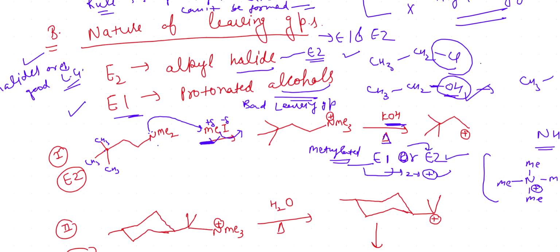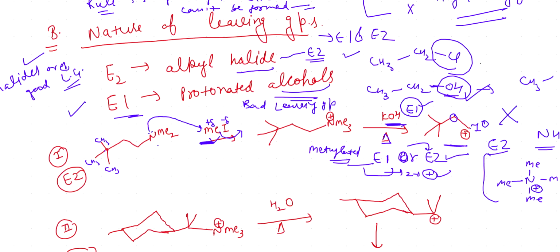So I have drawn this carbocation as if it is proceeding through E1 mechanism. We are just supposing. Here there is formation of a carbocation attached to only one carbon, so this is a primary carbocation. Primary carbocation would prefer to undergo E2 mechanism.